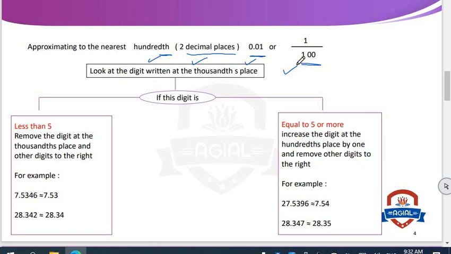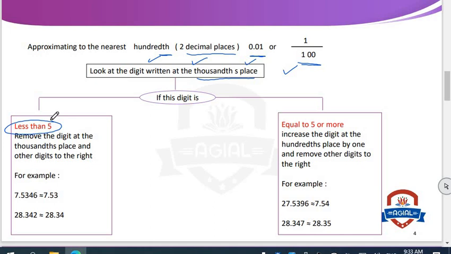Look at the digit written at the thousandth place. If this digit is less than 5, like 4, 3, 2, 1, 0, we can say these are weak numbers.